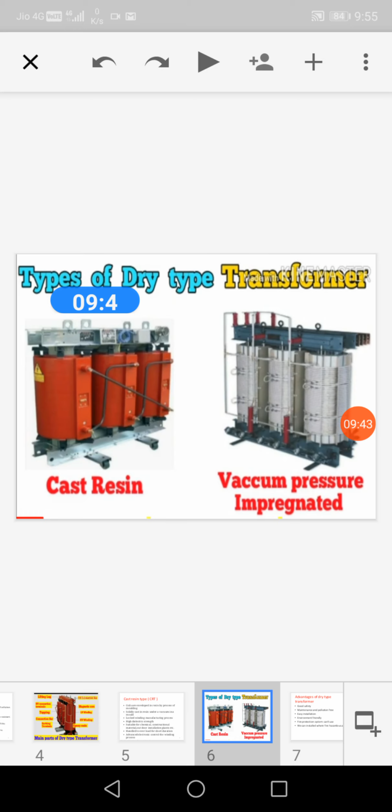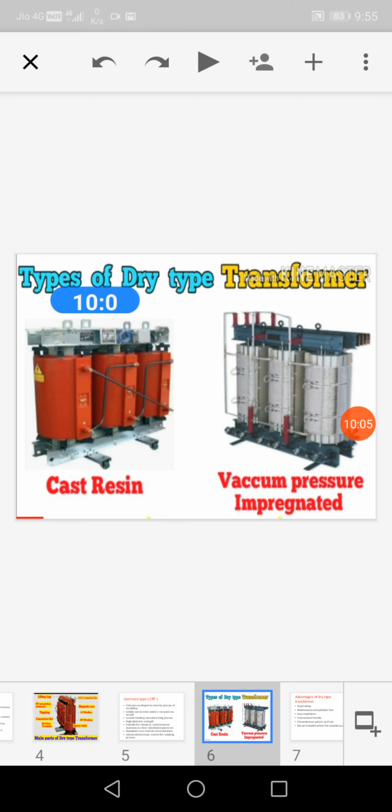When we look at this transformer, we can see the 3 molds of the core and also the 3 different limbs of the transformer winding in cast resin winding.